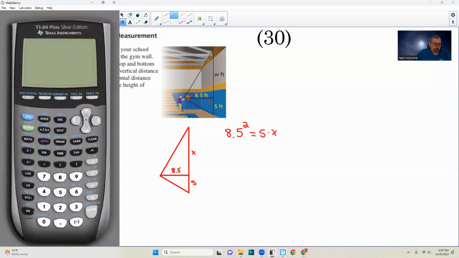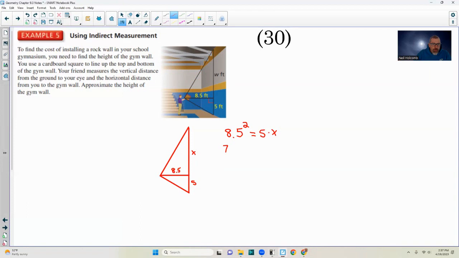Okay, so then I get my calculator out and I say, okay, 8.5 squared, enter, is 72.25 equals 5x. Divide by 5 on both sides to get x by itself.